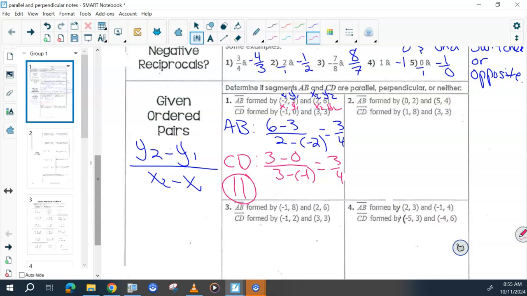Okay. Let's try number 2. Do the same thing. Find the slope for AB. What is that slope? 2/5. And then do the same thing for CD.